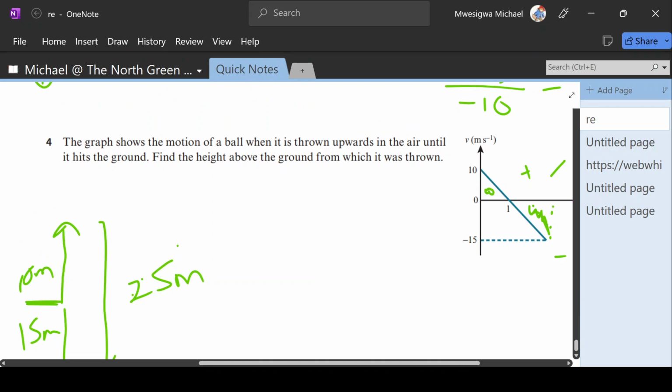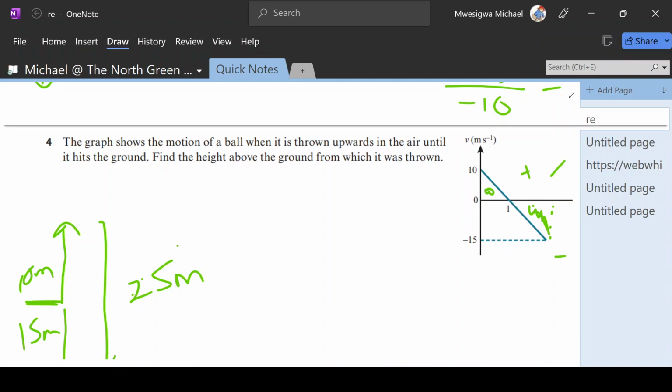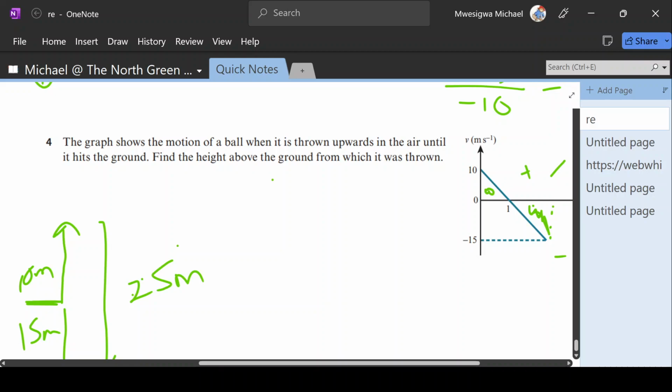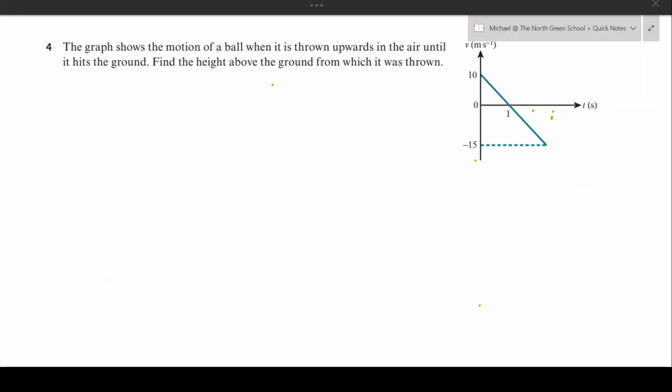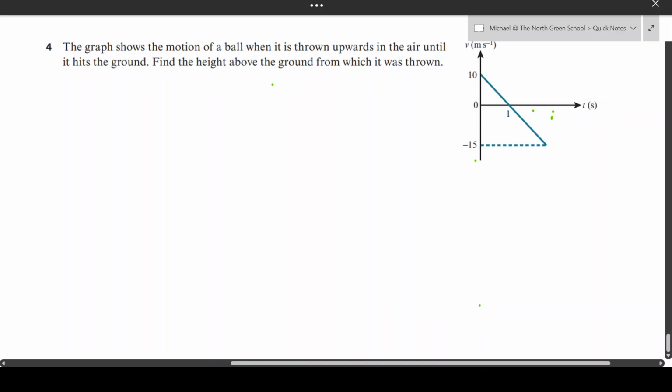Let's see what's next. Okay, let's just draw here like that. Okay, so now we can start on our thinking about this. So let's try to see if we can calculate the area in the positive part when the ball is moving upwards.